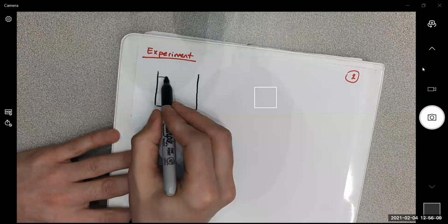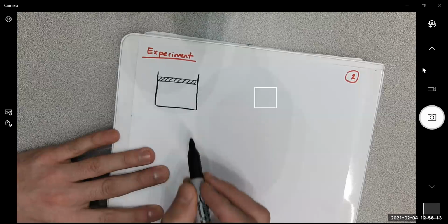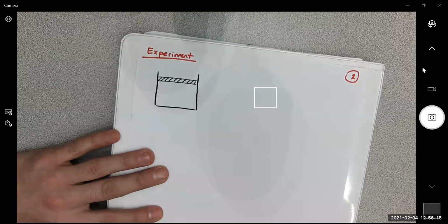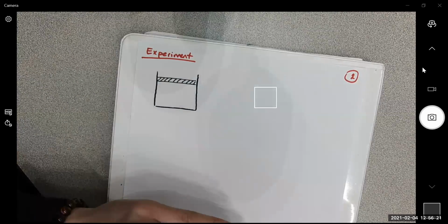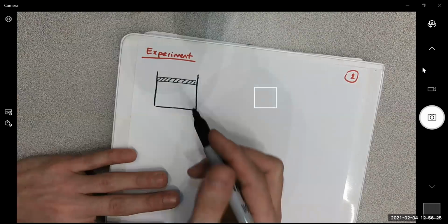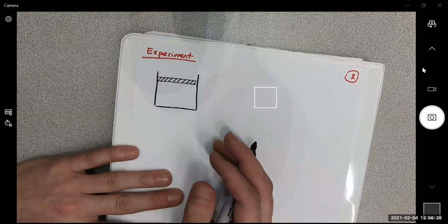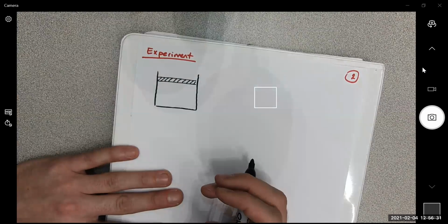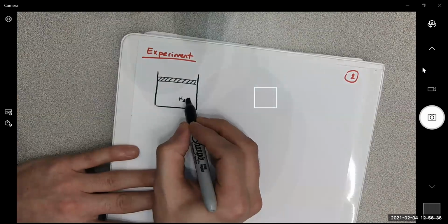You can consider this as a pan of water, a water tank, a closed piston-cylinder assembly in this case, right? We have water inside.